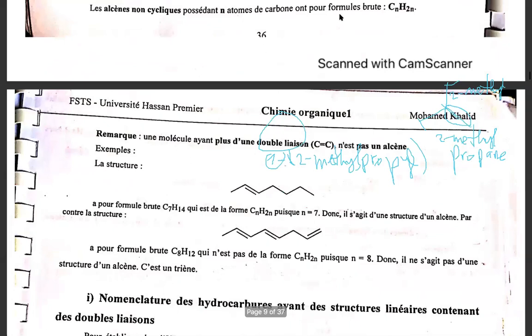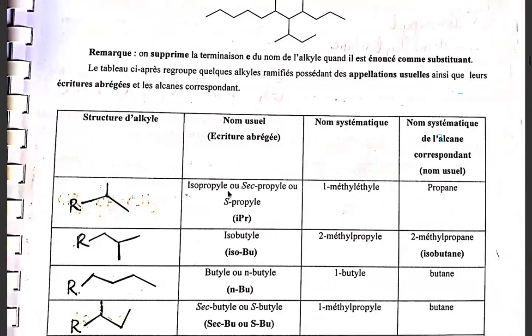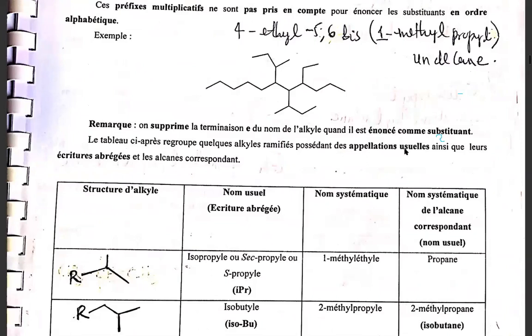This is a table to show you that you can have a lot of these substituents. It's the same thing, but they are just isomers. So these are the types of isomers that you can have.